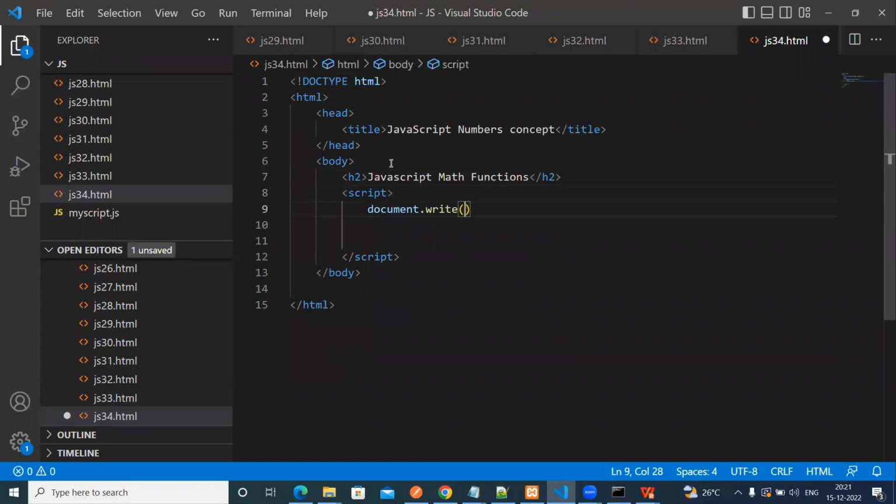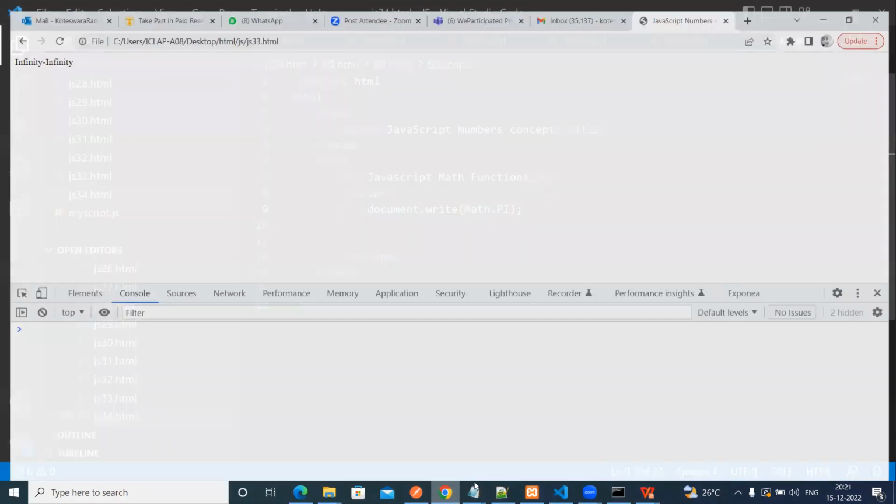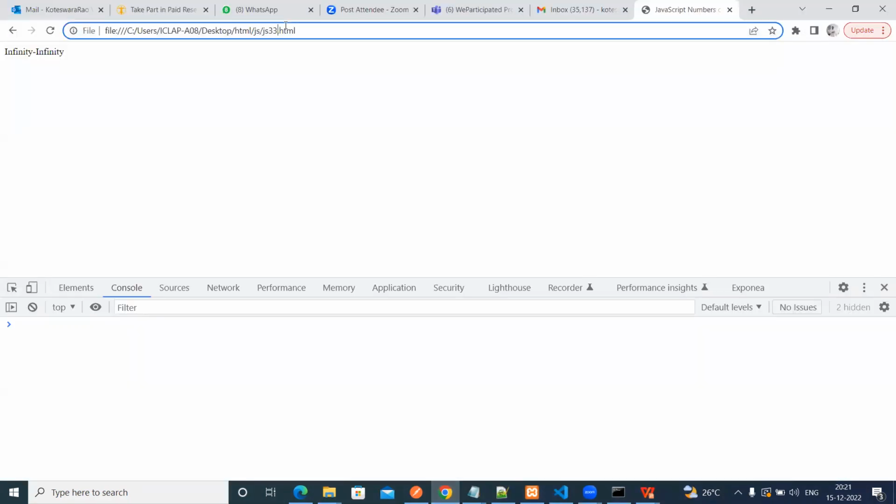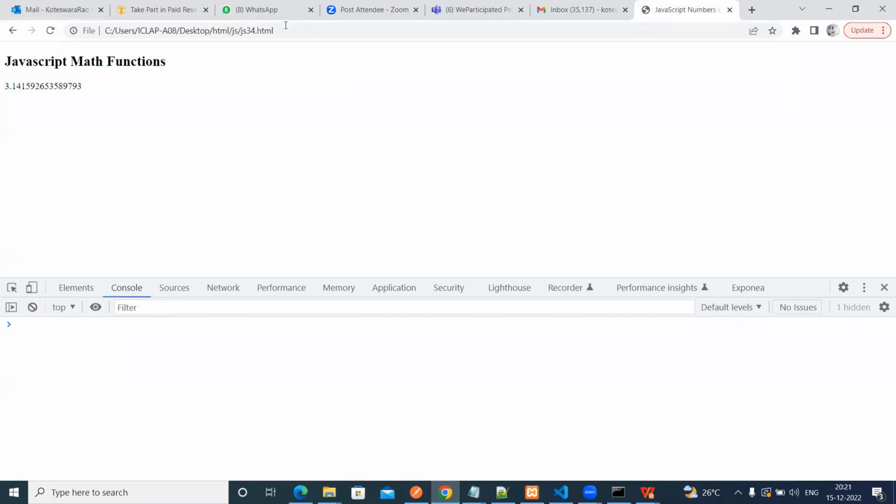Then the first one is document.write Math.PI. Okay, so now you can see 34.html. Okay, this is the first one.